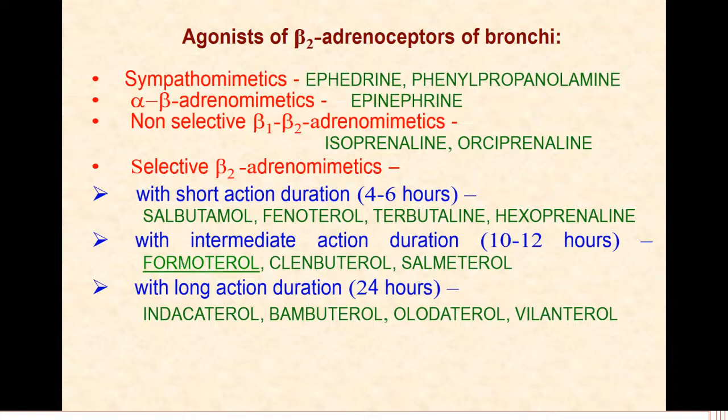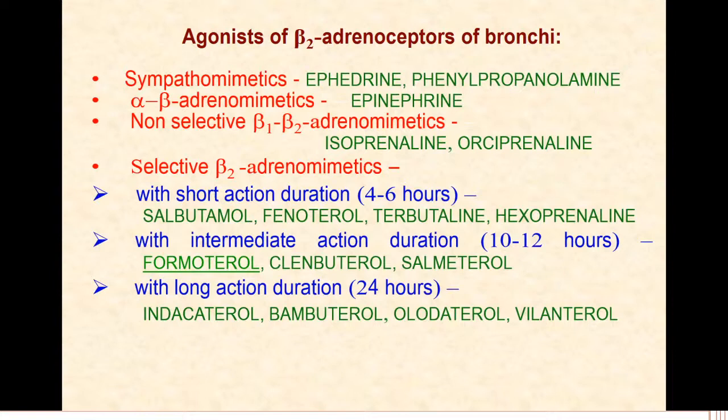To prevent attacks, we can use all of them. But it's better, of course, to use the agents with the longest action duration. That is why more often nowadays we use the third group or second group for prevention.